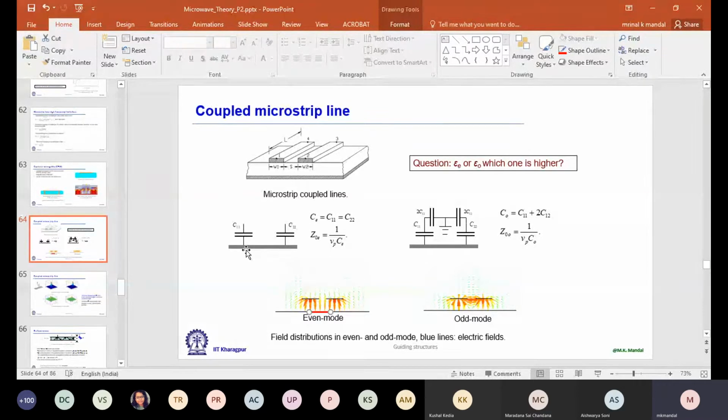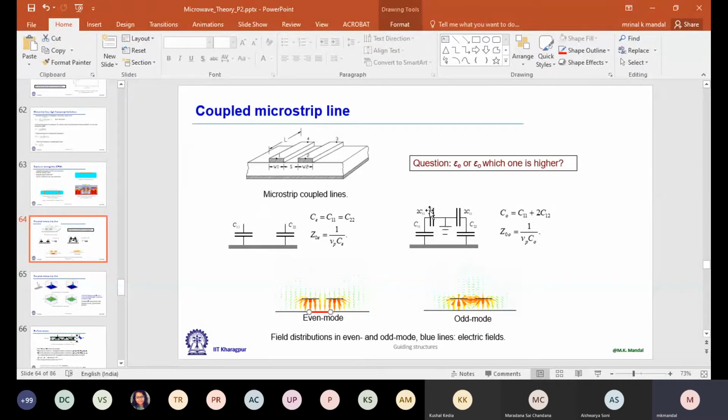But in the second case, in odd mode, since we have electric field components between the two strips, we have one mutual capacitance, C12 or C21. It is a symmetrical reciprocal network, so C12 is equal to C21. Now, in D. M. Pozar's book, he represented it with respect to the PEC which we could place in the central plane.